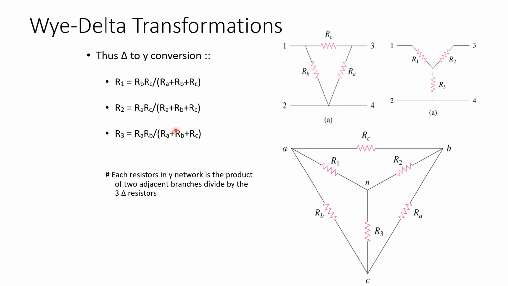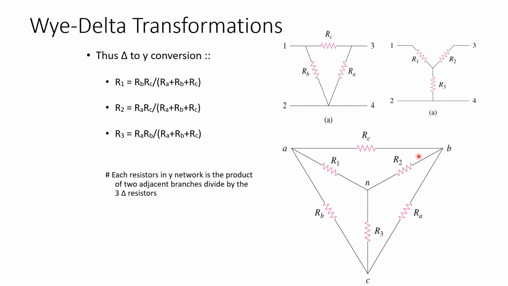If the sequence of the resistors is changed, you will not be confused. You just have to remember that when you are going to find the value of R1, R1 is bounded between these two resistors. Whatever the values of these two resistors, you use the relation that R1 is equal to the product of the two resistors between which R1 exists, divided by the sum of the total resistance of the delta network. So R1 is equal to RB into RC divided by the sum of the resistances of the delta network.